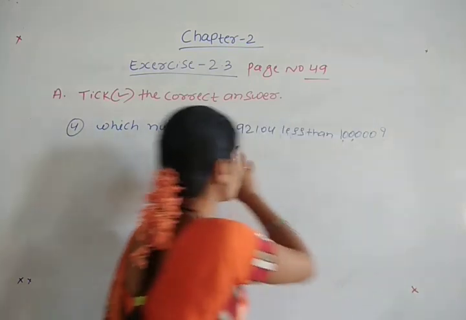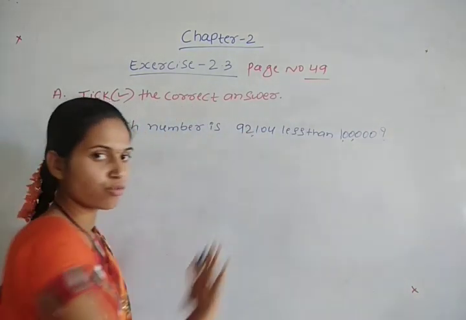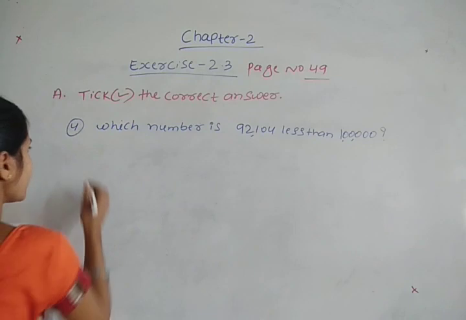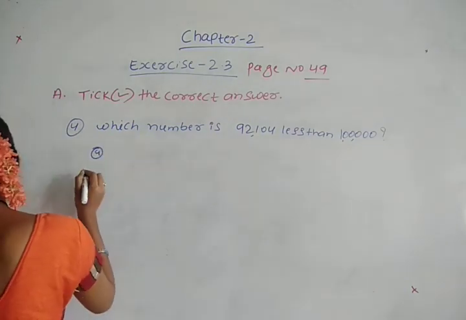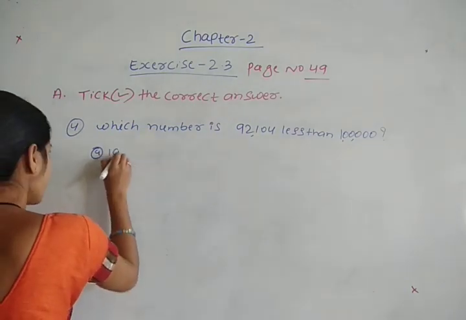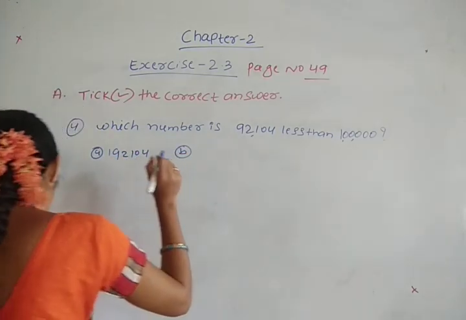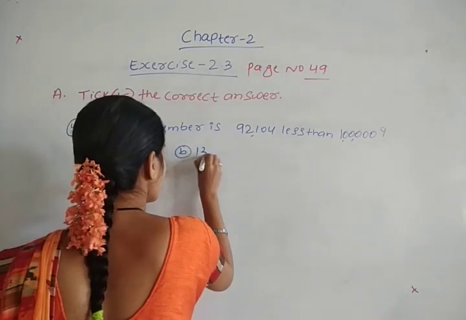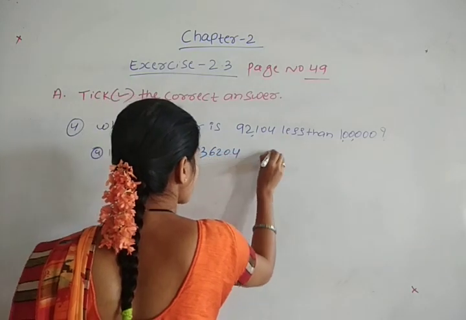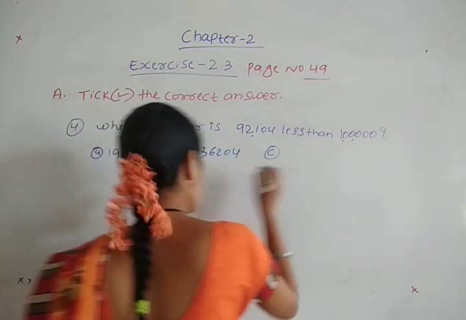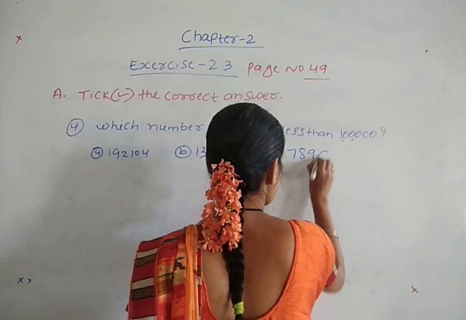The options given are: A, 192104. B option is 136204 and the C option is 7896.